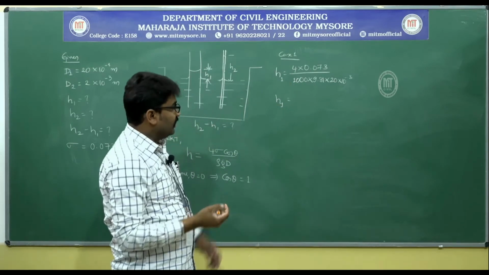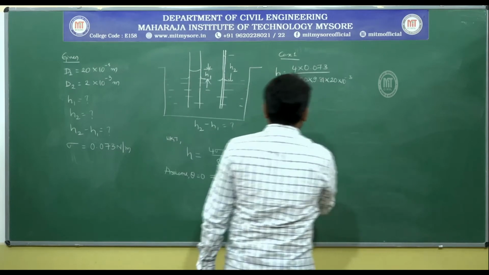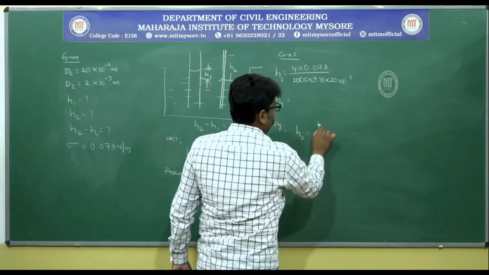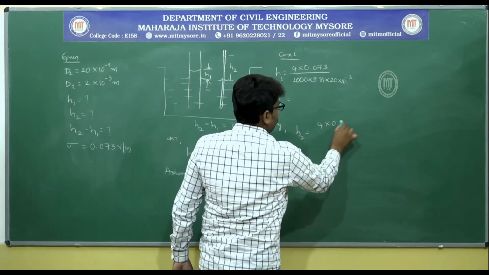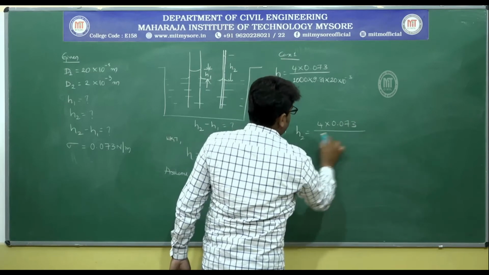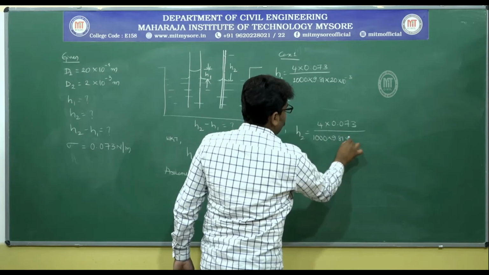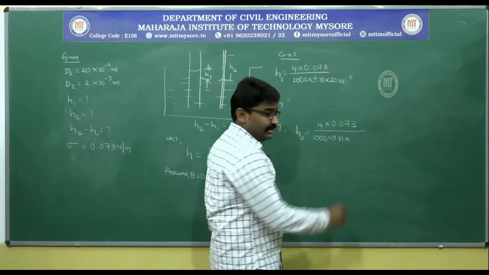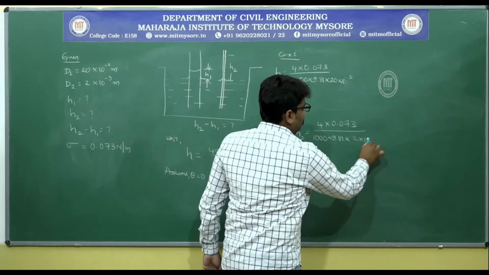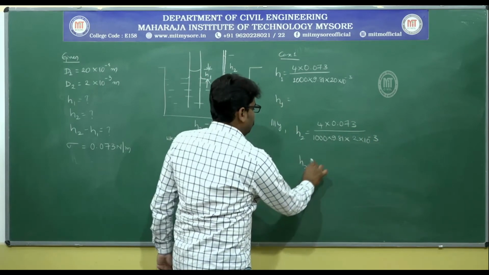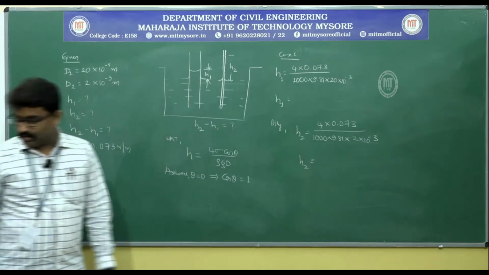Similarly, you will find out what is H2. Similarly, H2 is equal to 4 into 0.073 divided by rho is 1000, g is 9.81, diameter here is 2 into 10 power minus 3. So, you will get both H1 and H2.